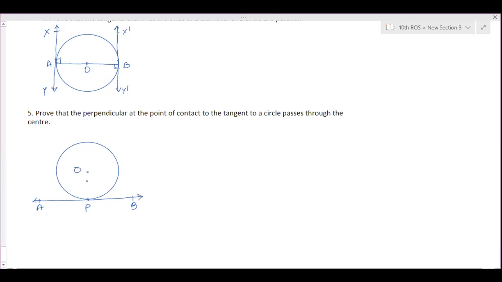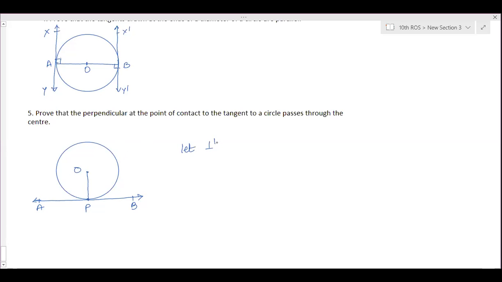So we have to prove that the perpendicular at the point of contact passes through the center. So we have to draw the radius first. Suppose that perpendicular won't pass through the center. Then it will pass through some other point.